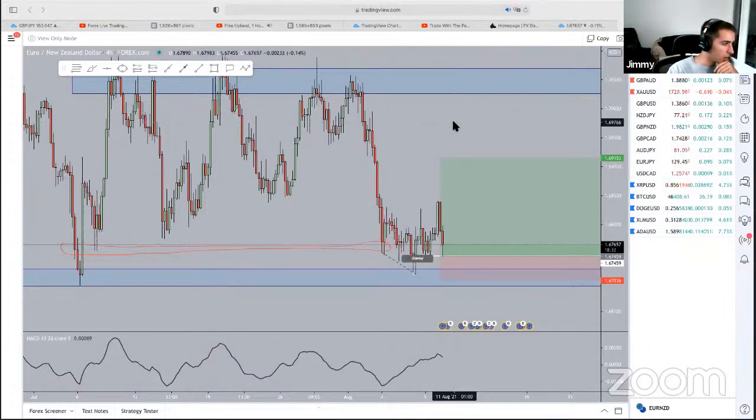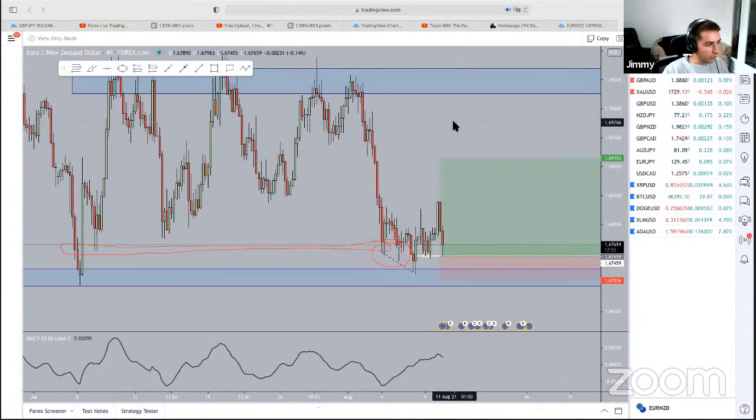We have other orders in this zone, and the market has to come take that liquidity to create the big move, because markets need liquidity to create big moves. You cannot put millions or even billions in the market without taking liquidity, because the liquidity provider cannot provide you all that money with a simple click. You need to create that liquidity to make the big move in the market.